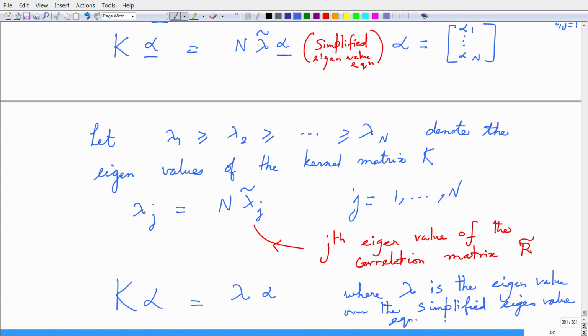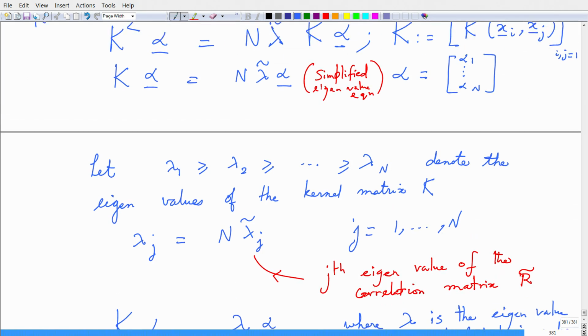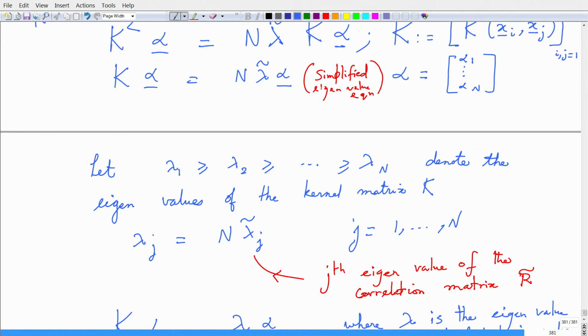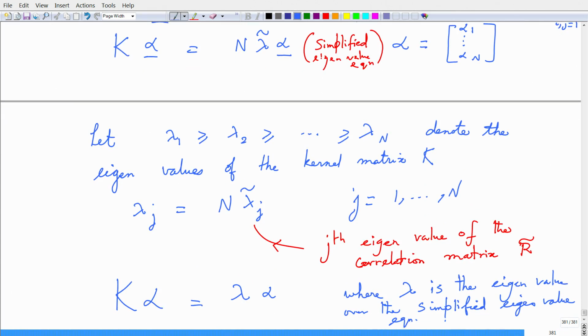So, this is pretty straightforward. What I did was the following. I just had K square alpha equals N lambda tilde times K alpha. So, I just define lambda j to be N times lambda j tilde, and then I plug this in. I have a more simplified way in which I can represent it.